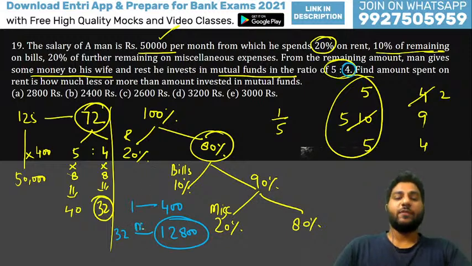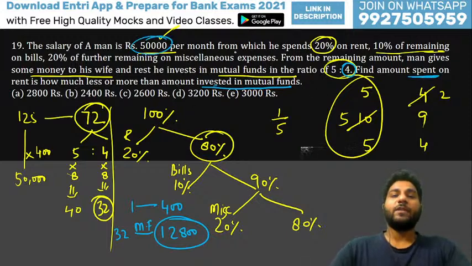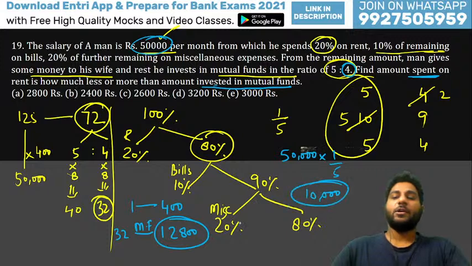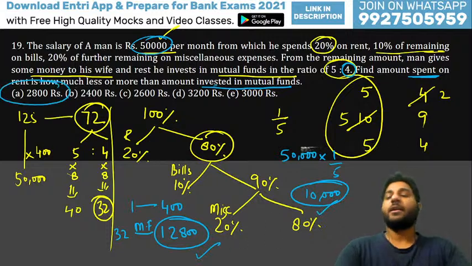So the mutual fund had 12,800, but it must be compared with the amount spent on rent. Out of 50,000 we spent 20% on rent, which means 1 by 5, that is 10,000 on rent. If you compare 12,800 and 10,000, you will see that 2,800 is the difference.